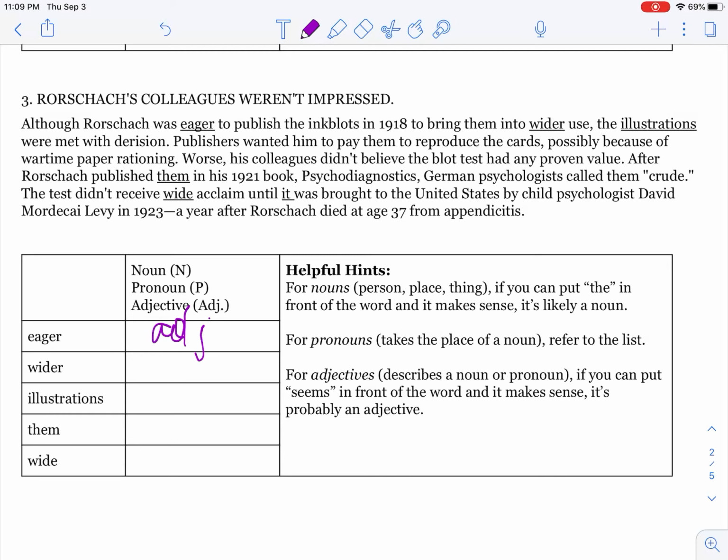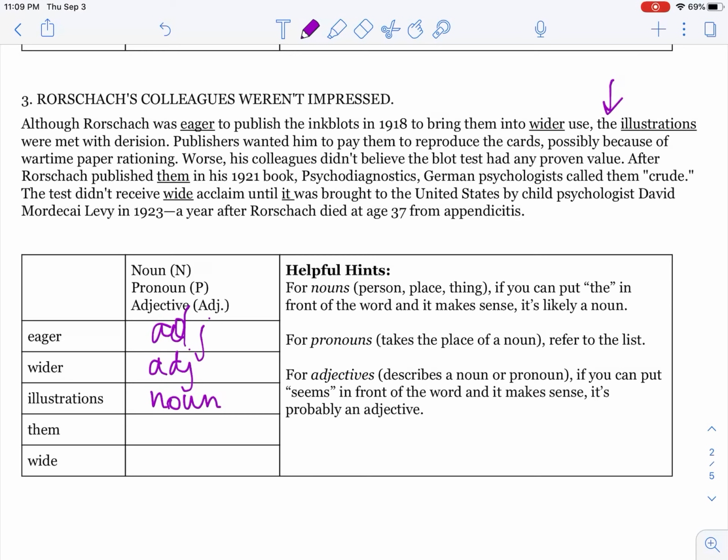The wider? Does wider take the place of a noun? What about seems wider? Yep, you could say, this doorway seems wider than that doorway. Illustrations. Now, would you look at that right there? The word the is right in front of the word illustrations. So that is a dead giveaway that it's a noun. Plus, it's a person, place, or thing. Them. So let's take a look.